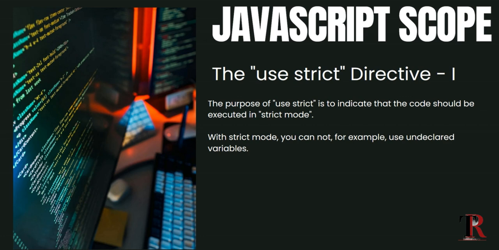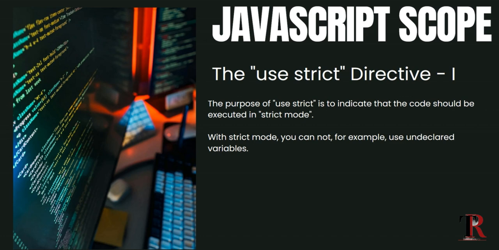But if you try to do this kind of practice in strict mode, it will result in an error, which will not allow you to proceed without actually doing the right thing. This way, your code becomes more reliable, because a lot of bugs that can produce inconsistency in your output will have been taken care of in your code using the use strict directive.